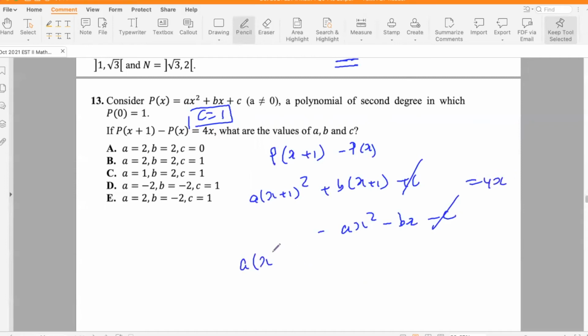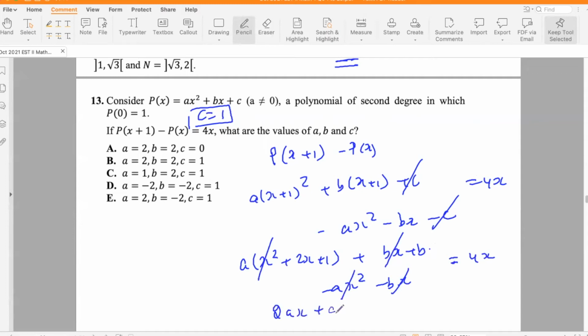Now ax squared + 2ax + a + bx + b minus ax squared minus bx is 4x. The bx minus bx cancels, and the ax squared cancels with the minus ax squared. So 2ax + a + b is 4x, right?